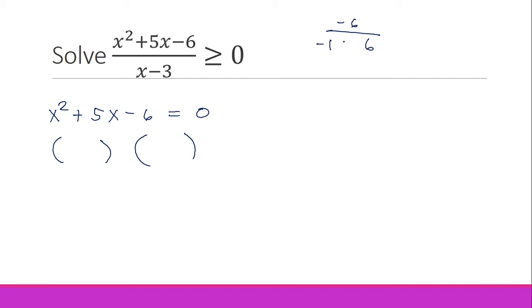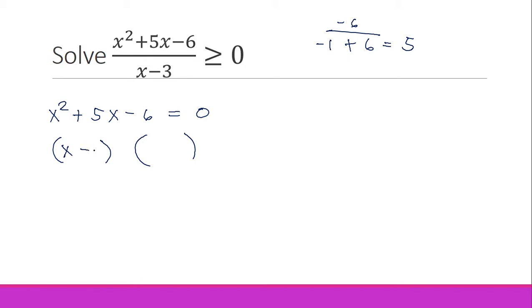Adding that up, this is equal to 5 and that is positive. And looking at the middle term, we have indeed positive 5x. So writing your factors, we will be utilizing negative 1 and 6, attached to the square root of x squared, which is x.